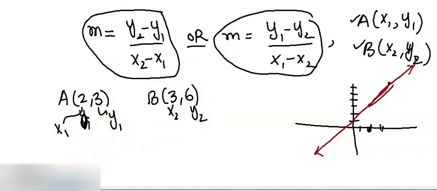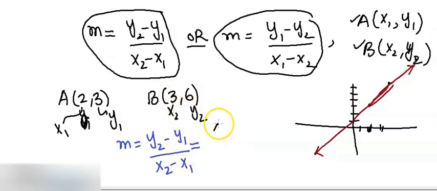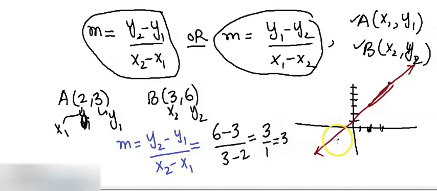So my slope is going to be calculated by the formula that we have written, y2 minus y1 divided by x2 minus x1. So put in the values. What is my y2? y2 is 6 and y1 is 3, x2 is 3 and x1 is 2. So this is going to be 3 over 1, which is basically 3. So the slope of this line is 3. Our gradient of this line is 3.